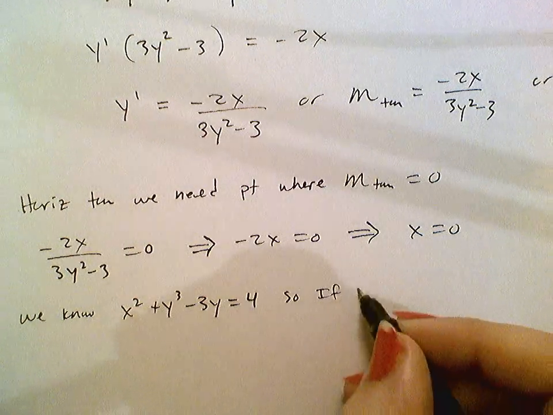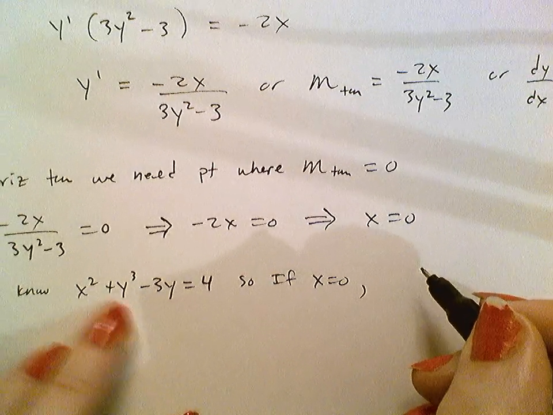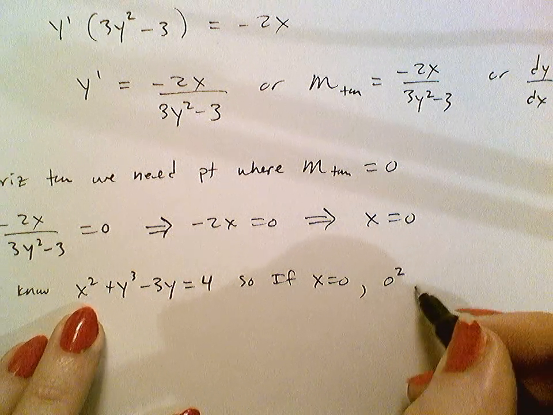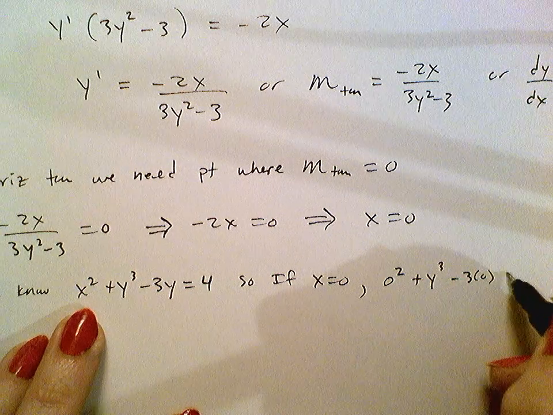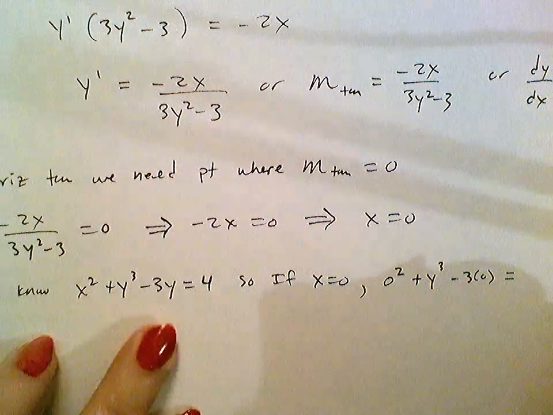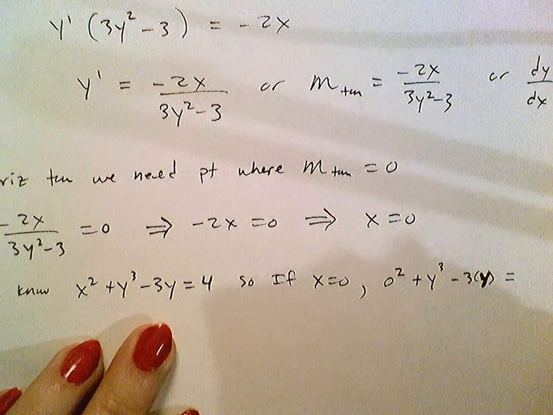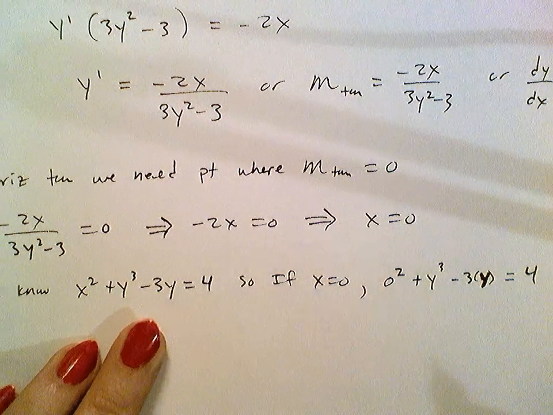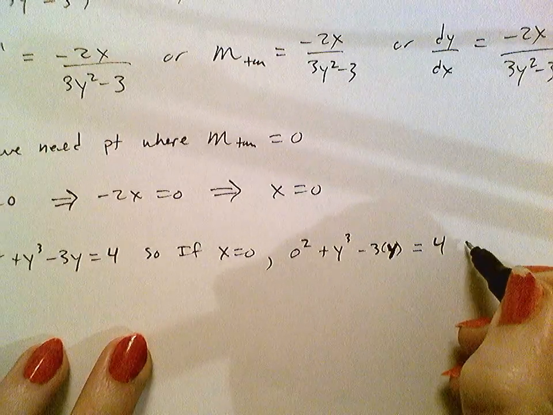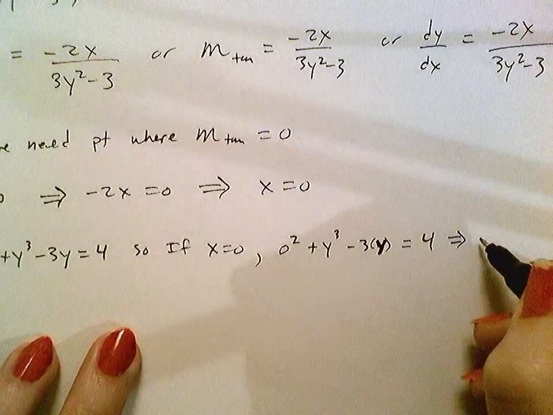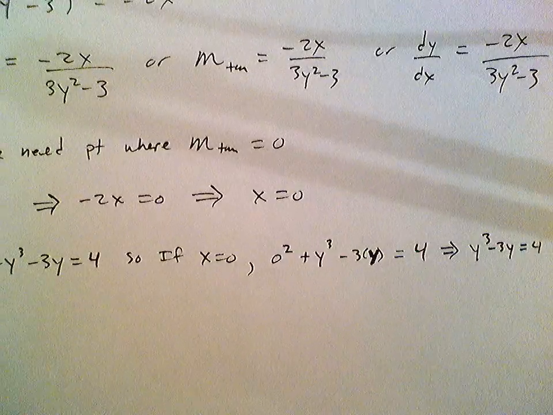So if x equals 0, then we have 0 squared plus y to the third minus 3 times, no, 3 times y equals 4. Okay, so then we get y to the third minus 3y equals 4.